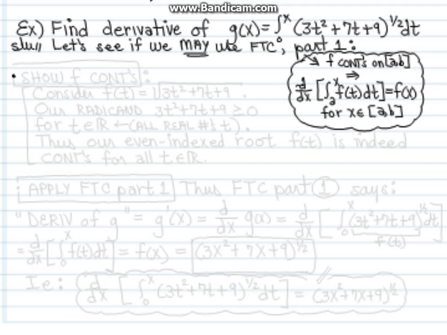You should pause right there and think about that. Let that sink in. What we need to do is show that our little f is continuous. Then we'll be able to apply this theorem.